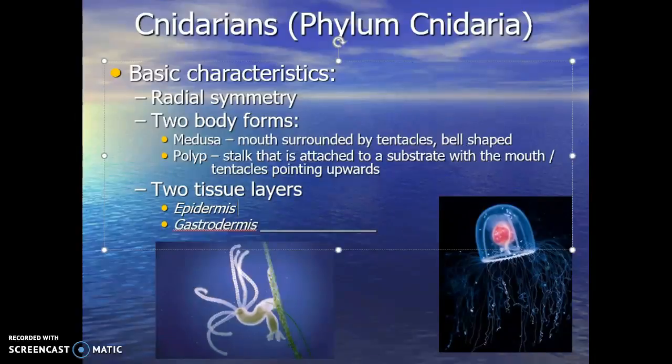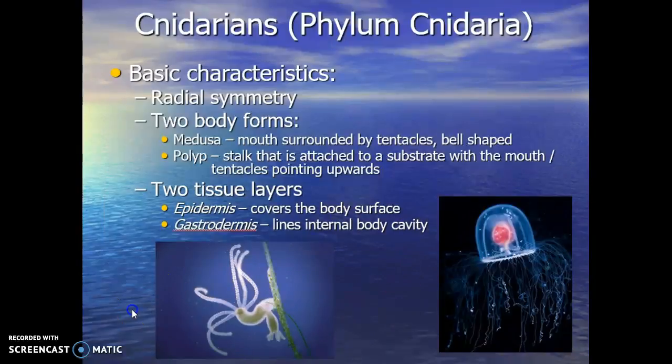The epidermis layer, this is what covers the body surface, and the gastrodermis layer. This is a layer that lines the internal body cavity. Okay, so those are the two key tissue layers associated with the Cnidarians.